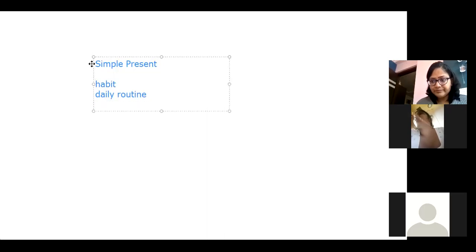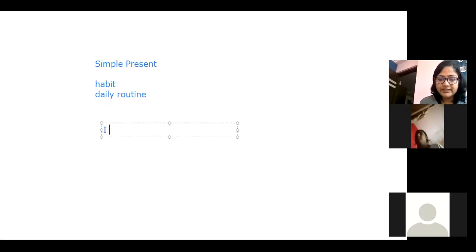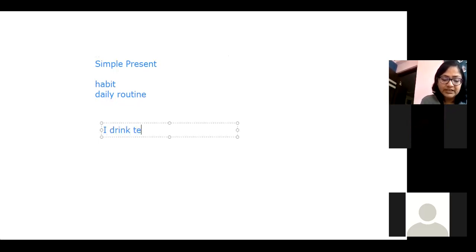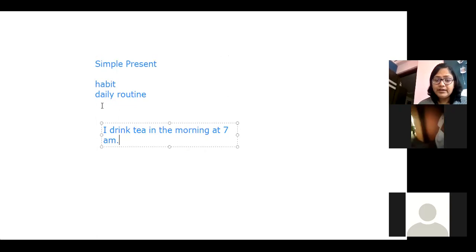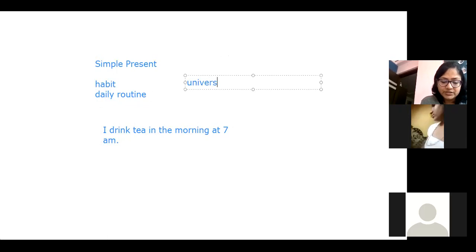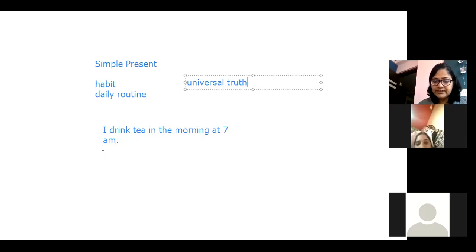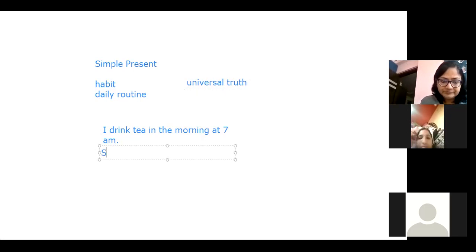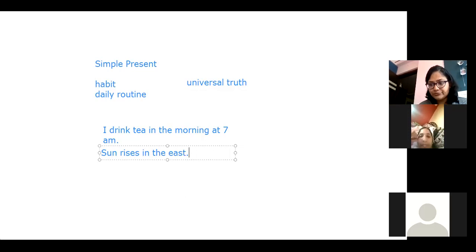So for example, I drink tea, that's my habit, or that's my daily routine, that I drink tea in the morning at 7 a.m. Or if something is a universal truth, that means you cannot change. So for universal truth also, we use simple present. For example, sun rises in the east.